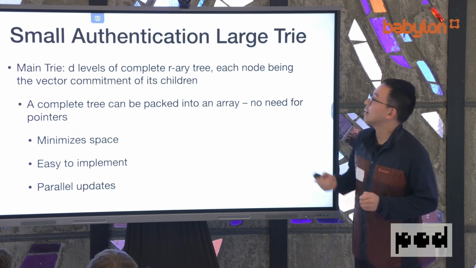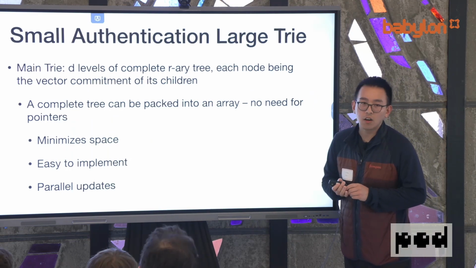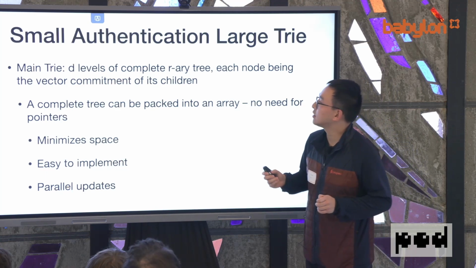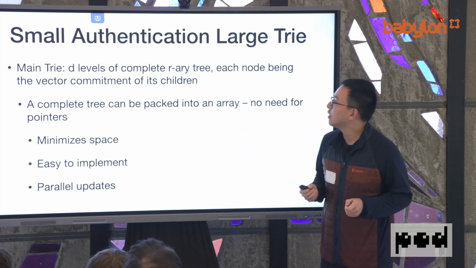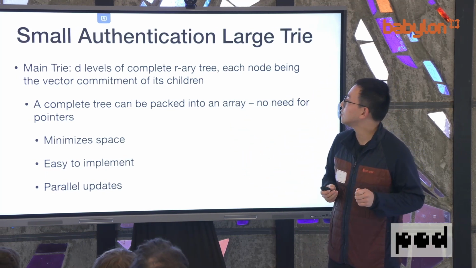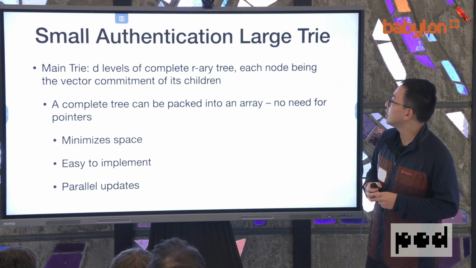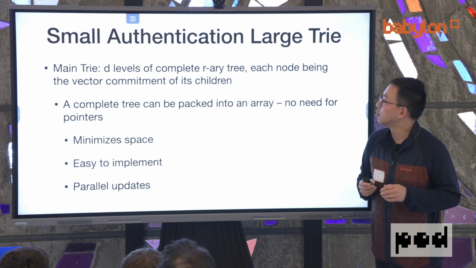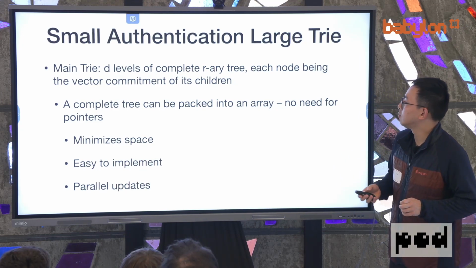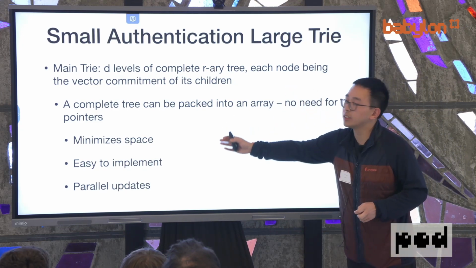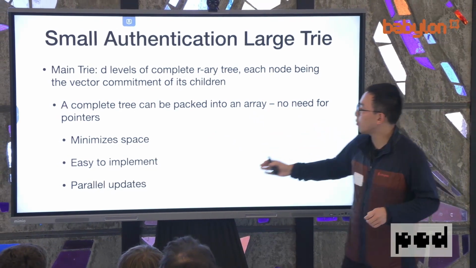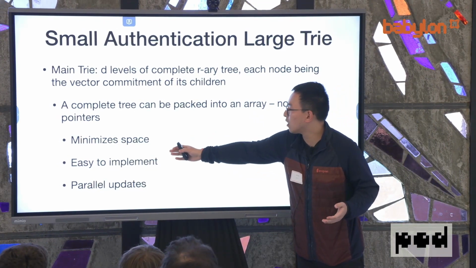This is the main idea of SORT. In SORT, there is a main trie. It has D levels, where D is a parameter, and it is a complete R-ary tree. Each node in this tree is the vector commitment of its children, right? The nice thing about being a complete tree is that it can be packed into an array, so there is no need to store pointers, which minimizes the space cost.